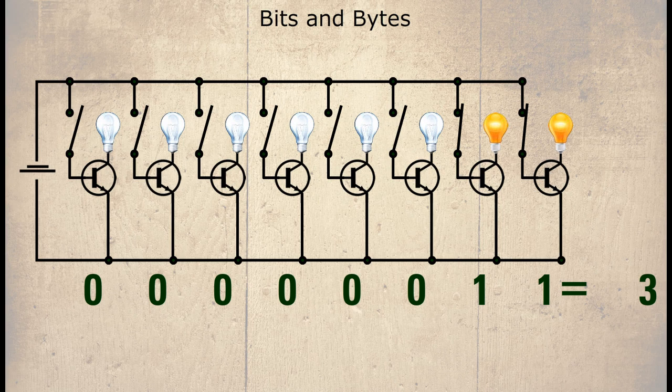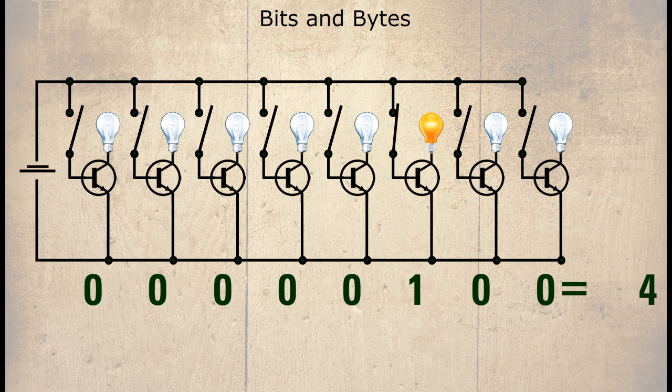If this is the first time you have seen binary, it can be a difficult concept to understand to begin with, since normally we would be using numbers from 0 to 9, but in binary the only numbers that can exist are 0 and 1. Since we've exhausted the combination of the last two transistors, we shall switch them off and turn on the next one to the left. So the next binary number is 0, 0, 0, 0, 0, 1, 0, 0, or decimal 4.